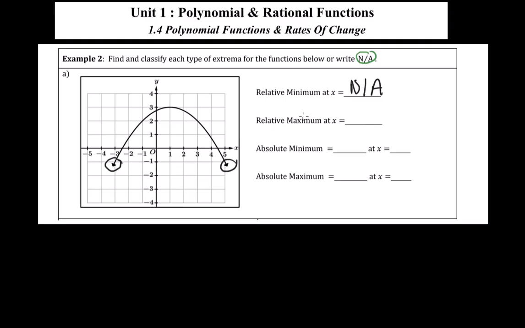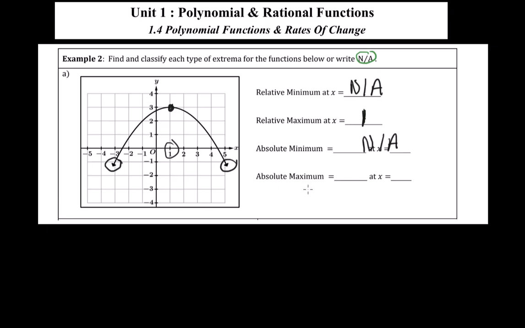Then what is the relative maximum? The relative maximum will be at this point, which is x equal to 1. What is the absolute minimum? There is no absolute minimum because the arrows show the graph extending left and right. So this is NA.